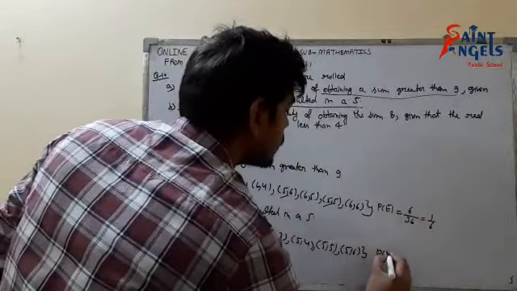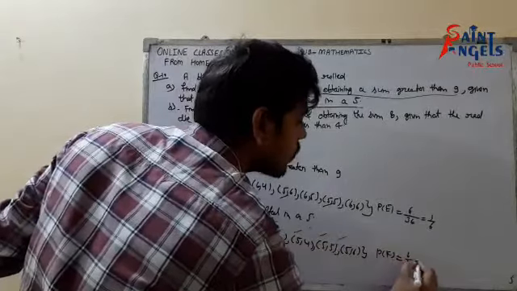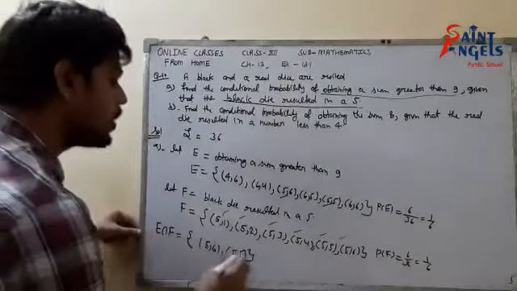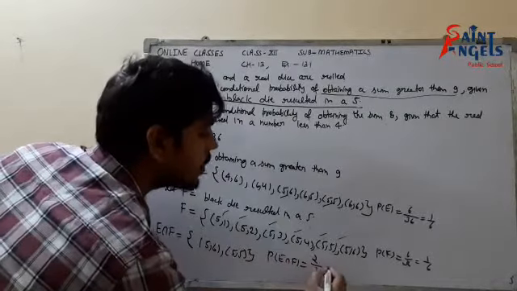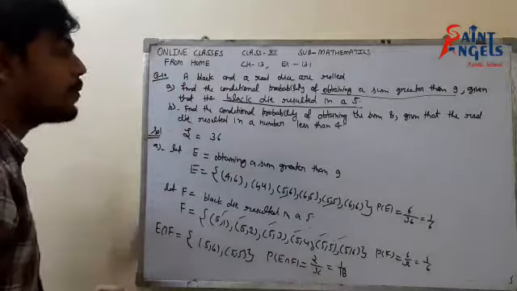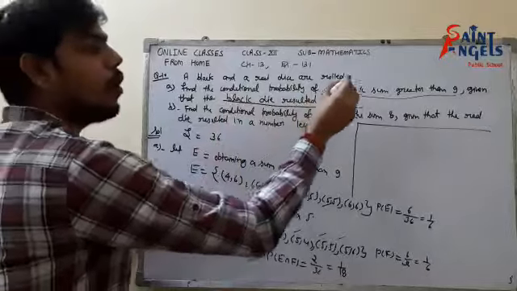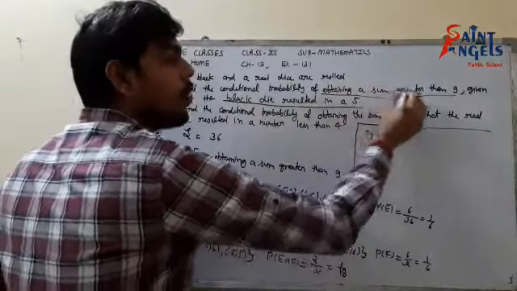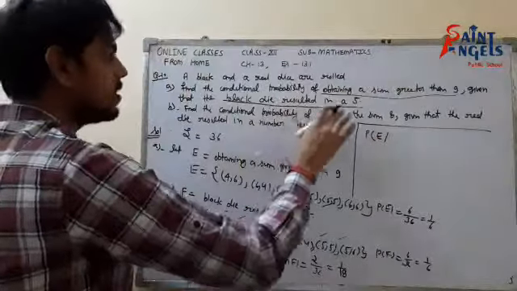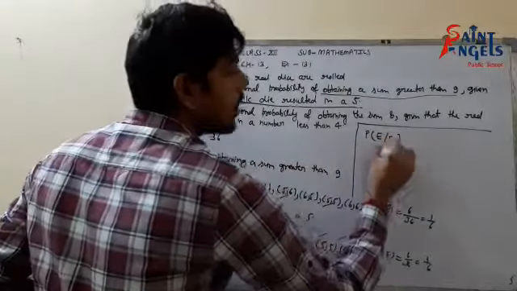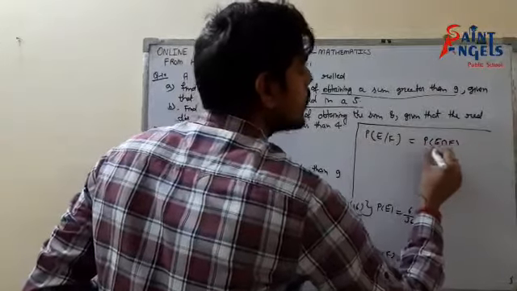Probability of event F, that would be 6 by 36, which is 1 by 6. Now the probability of E intersection F would be 2 upon 36, which is 1 by 18. Now what we have to find is the conditional probability of event E given that the black die resulted in 5, and that is our event F. So we have to find P(E|F), which equals P(E intersection F) upon P(F).